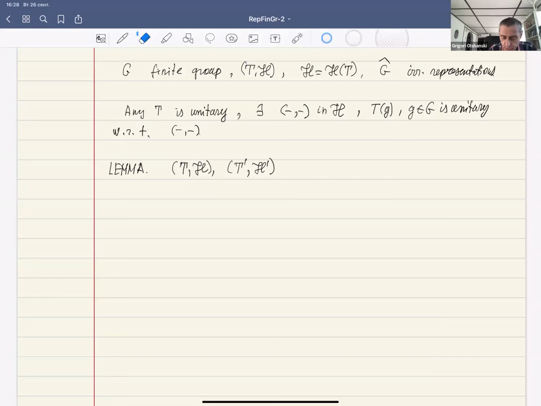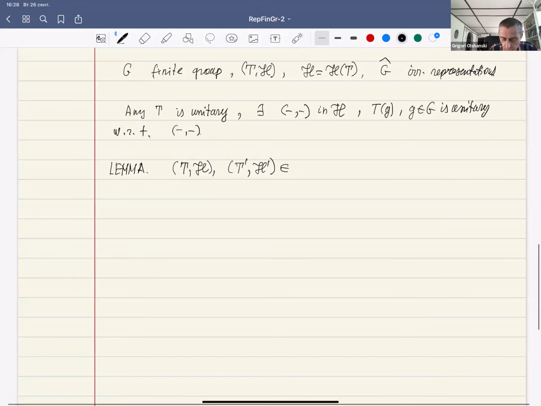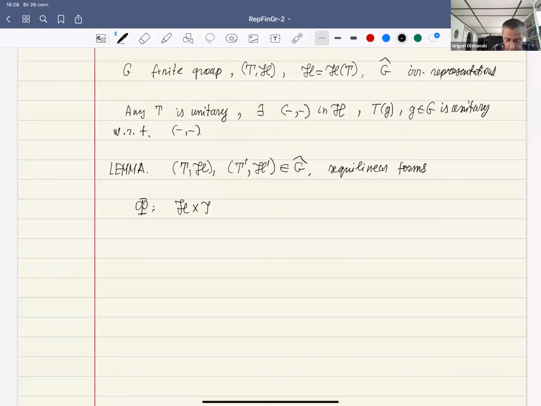And we are interested in sesquilinear forms phi, which is a map H cross H prime to our base field of complex numbers. And sesquilinear means that it is linear with respect to this variable and antilinear with respect to this one.